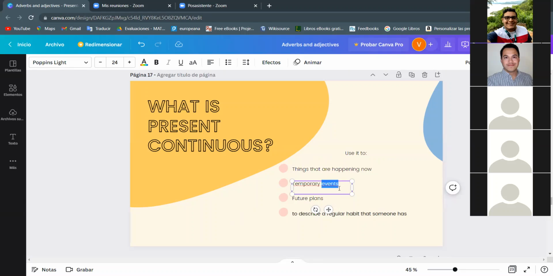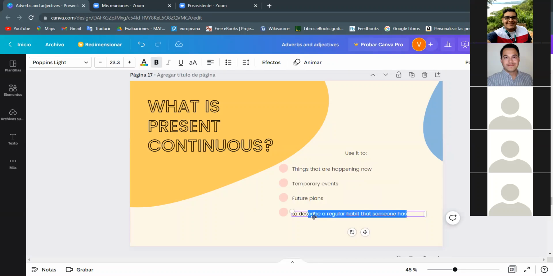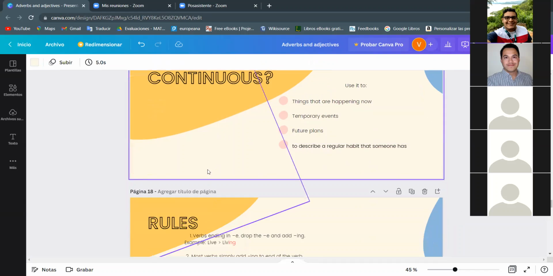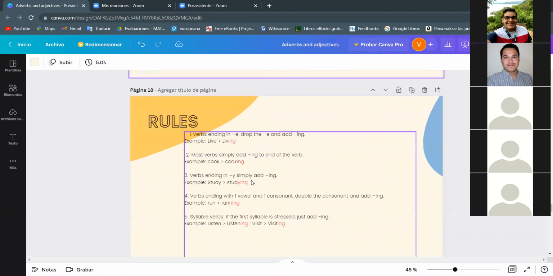So we are going to focus on this one because the topic is not present continuous, but we're still going to use it. Okay, so to describe a regular habit that someone has. All right, how do you modify a verb to make it a present continuous one?